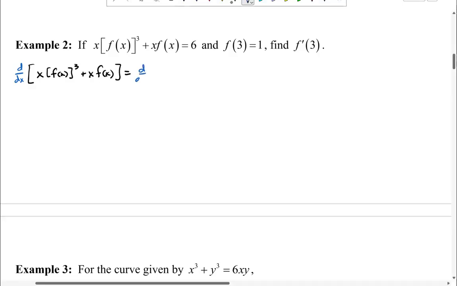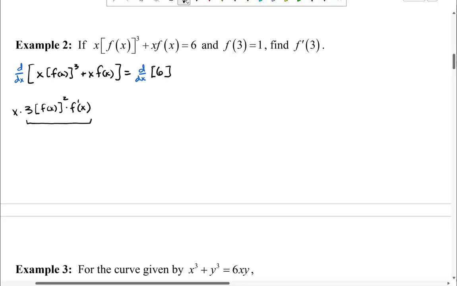And we notice that we've got a product of two functions here and another product of two functions here. So we're going to be using the product rule twice. So we've got the first times the derivative of the second, and we have an inner function of f of x, so we have to multiply times the derivative of the inner function.